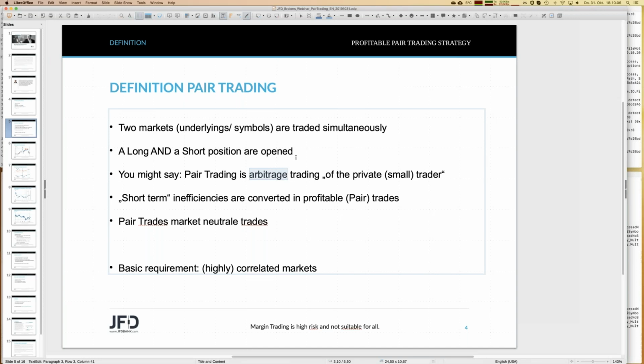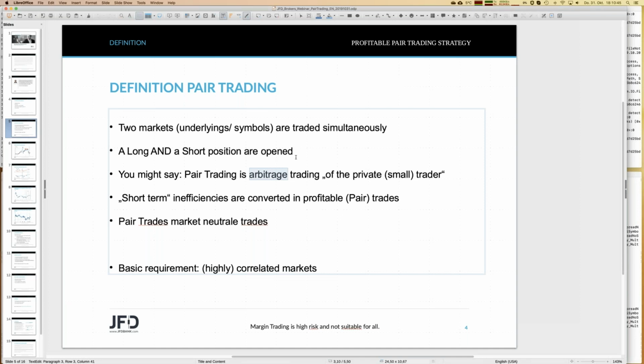So doing something similar, and I mentioned already one potential pair like Brent and WTI oil, and not looking for something on milliseconds, maybe looking for something which takes place over a couple of days, then it's a similar approach like DAX, FDAX, or S&P 500 and the so-called ES Mini, which is a future on S&P 500. That might be the arbitrage trading for small traders like us.